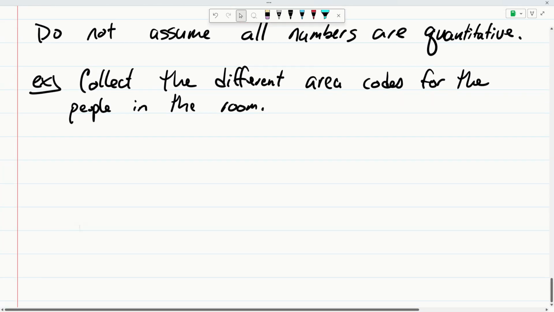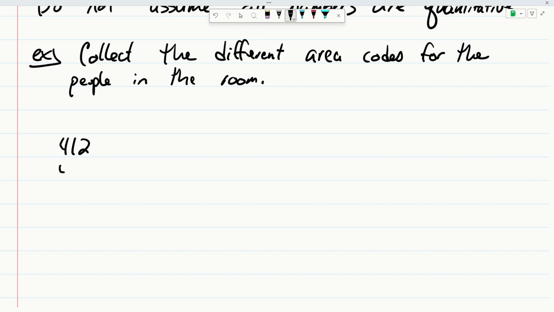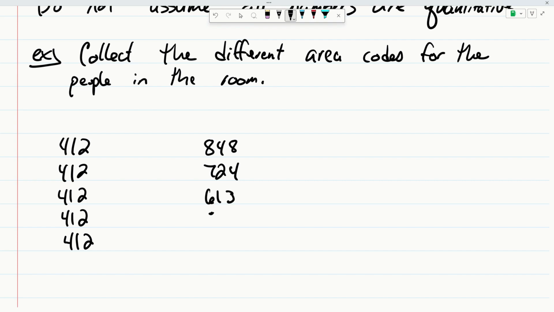All right. Now, area codes are numbers. So like I said, let's say we have 10 people. All right, here are 10 people right here.